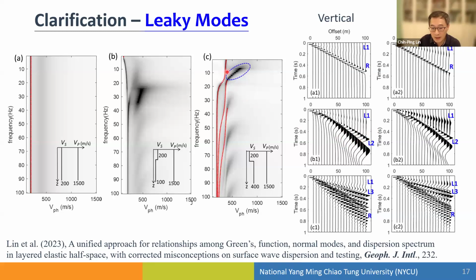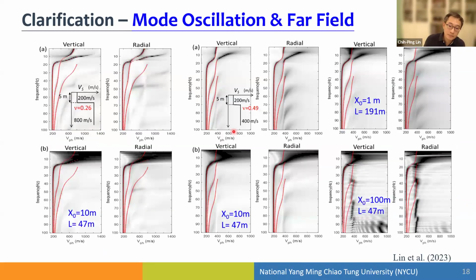More interestingly, when you have a high velocity contrast, at low velocity there is this phase-guided wave, and this phase-guided wave cannot be described by the free vibration mode either. So, for example, you can see this is the Rayleigh wave, and this is the phase-guided wave. And this can all be modeled very clearly in our full-wave field model.